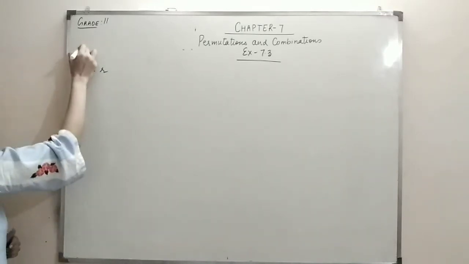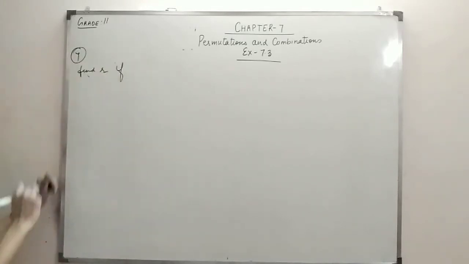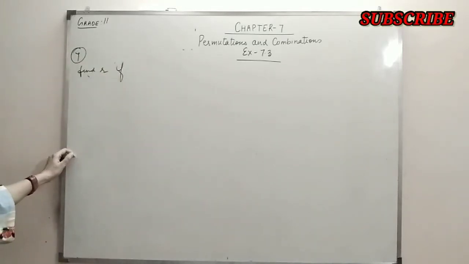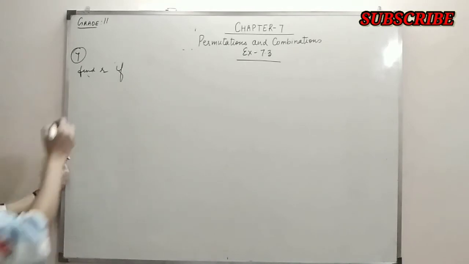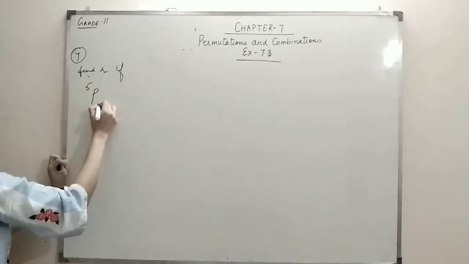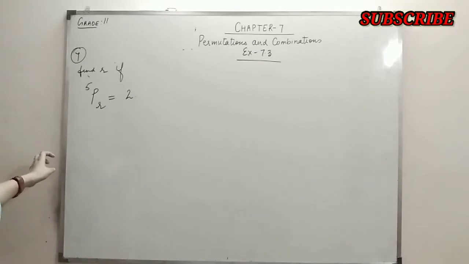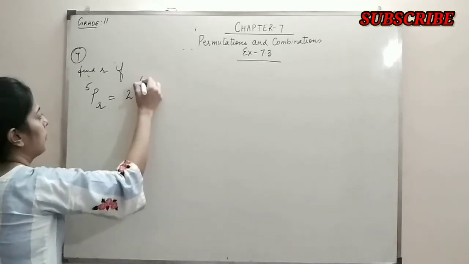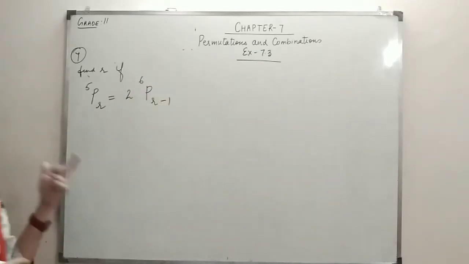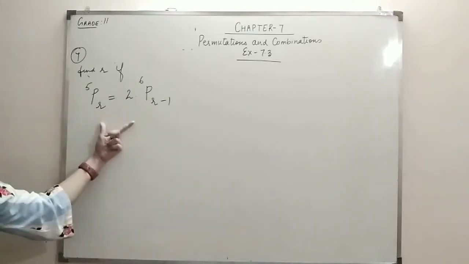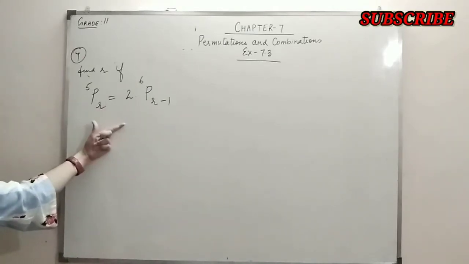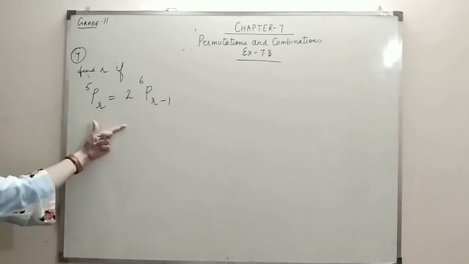Question number 7 I am doing. It is given that permutation 5Pr is equal to 2 into 6P(r minus 1). This result is given and we have to solve it and find out r from here. So how do we solve it?